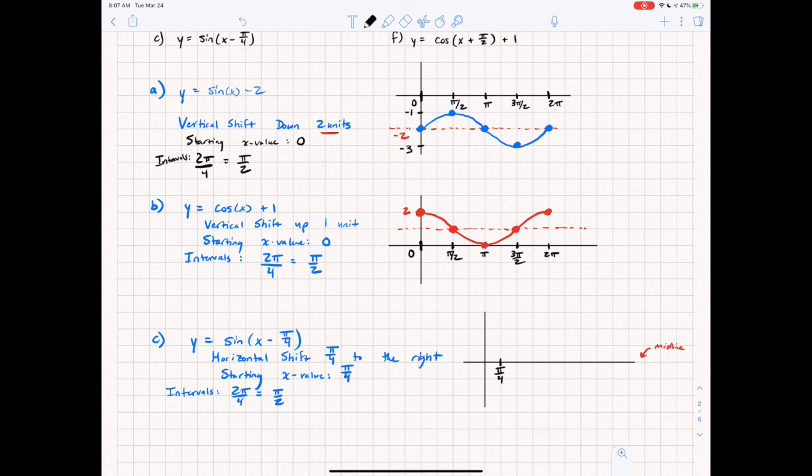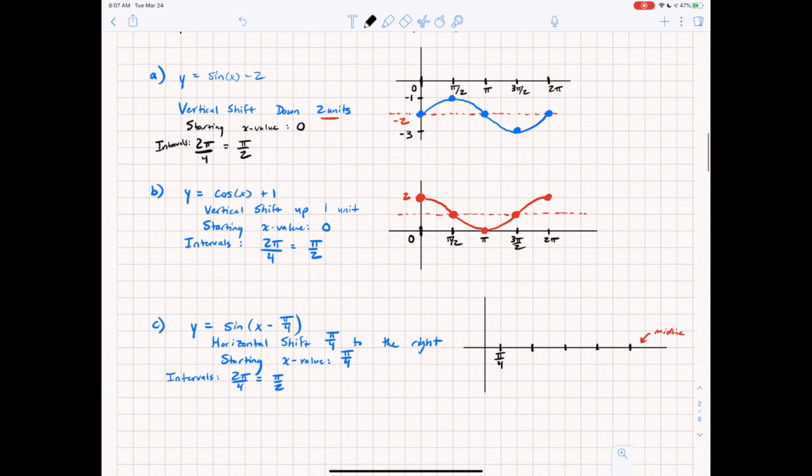And then I need to mark 4 extra steps for a total of 5. And these are going to represent my 5 key points, but I need to know what these 5 key points are. Now each one is an equal interval. We found what that equal interval is.